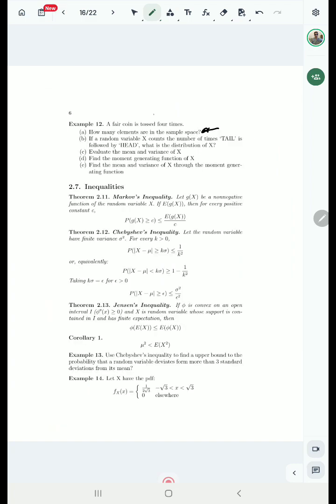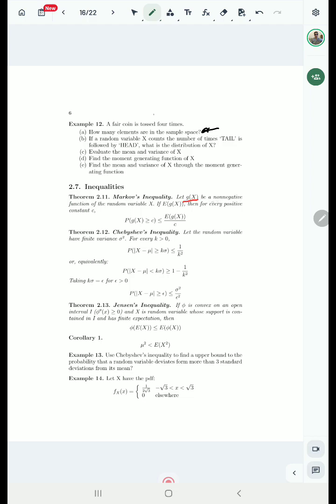Let's see. We have some famous inequalities. Markov's inequality tells us that we have to be careful, because here the function g(x) should be non-negative.